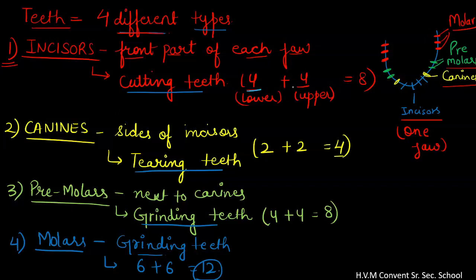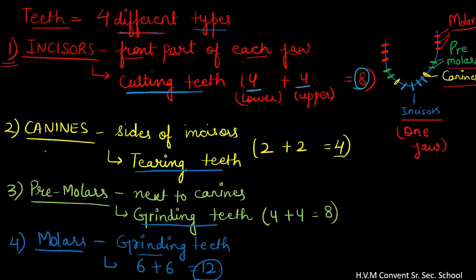Four in the lower jaw and four in the upper jaw make a total of eight. Incisors are called cutting teeth. In the front part, 1, 2, 3 and 4 are the cutting teeth present in a single jaw.